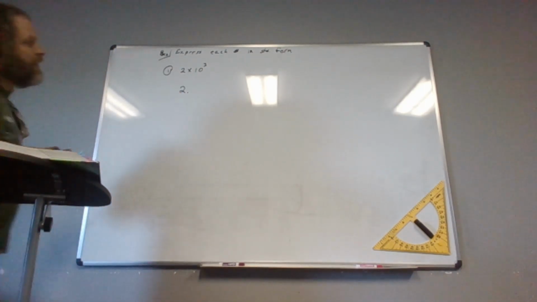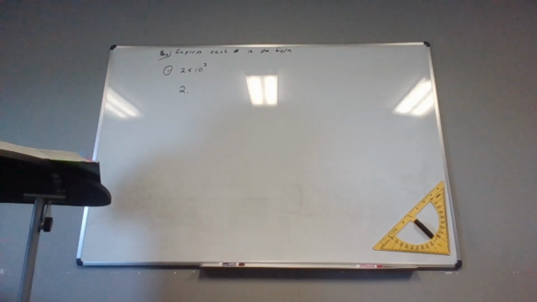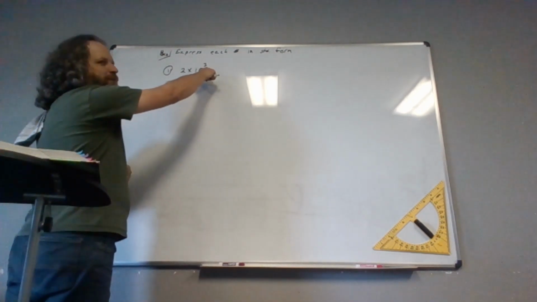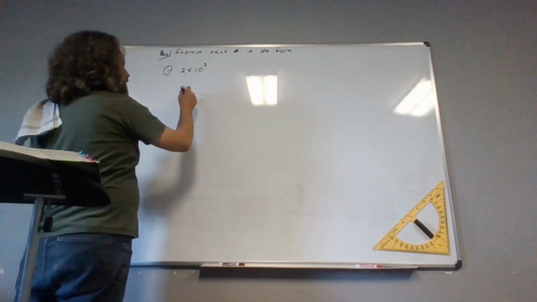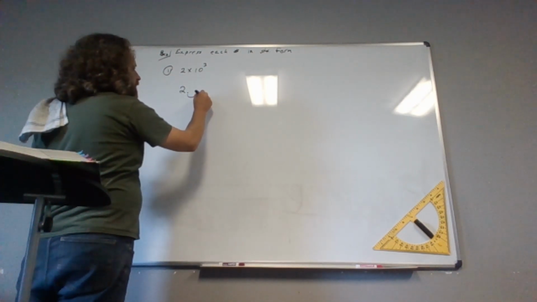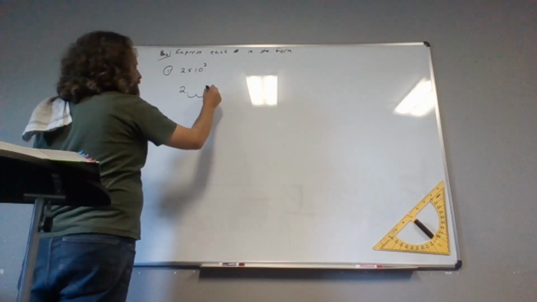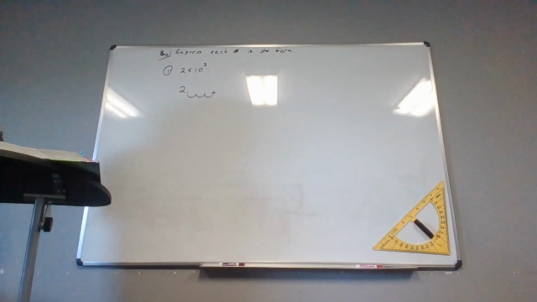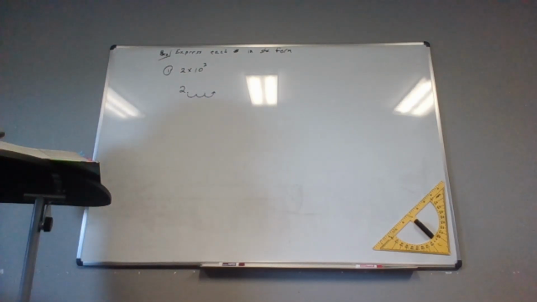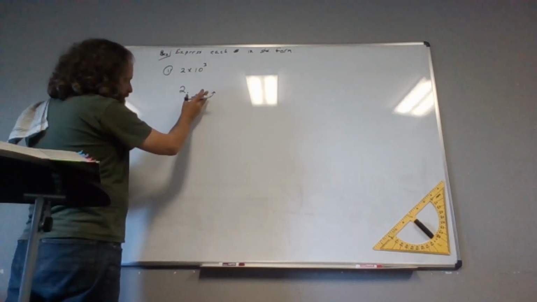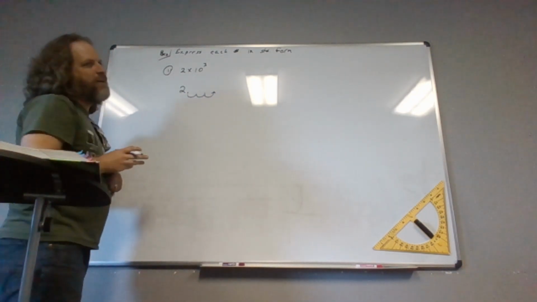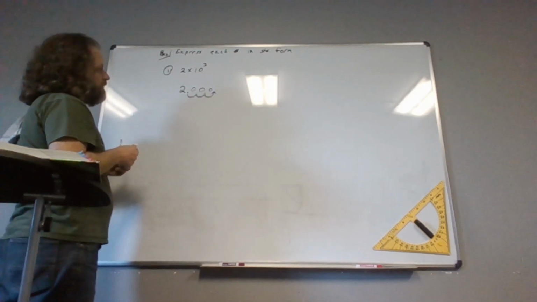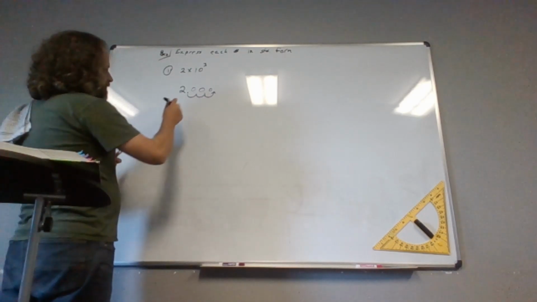Then we're going to make 1, 2, 3 bubbles, and that's where the new decimal place is going to be. If we made bubbles that are empty and don't have any numbers, we add zeros in there. So this number in standard form is 2000.